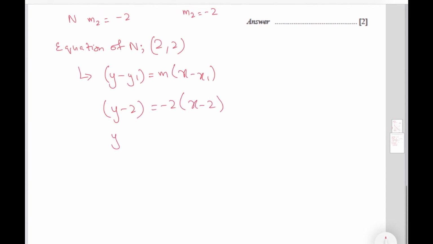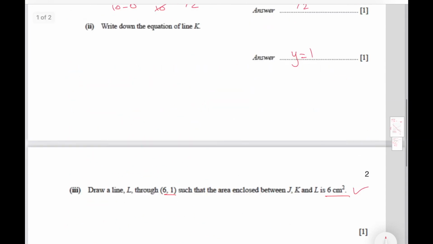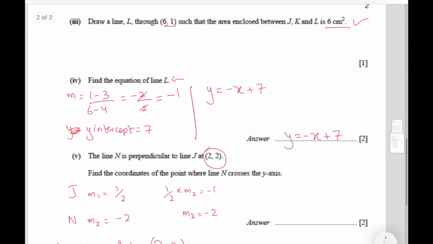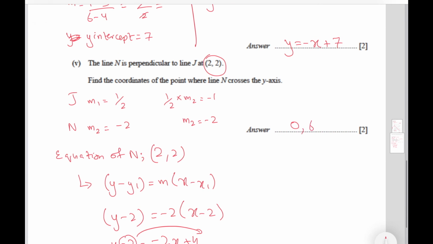When we open this up, y minus 2 is equal to negative 2x plus 4. This negative 2 comes to the right side. y becomes equal to negative 2x plus 6. The y-intercept is going to be 6, and the point at the y-axis would then be this one, which has coordinates (0, 6). So our final answer to this question is (0, 6).